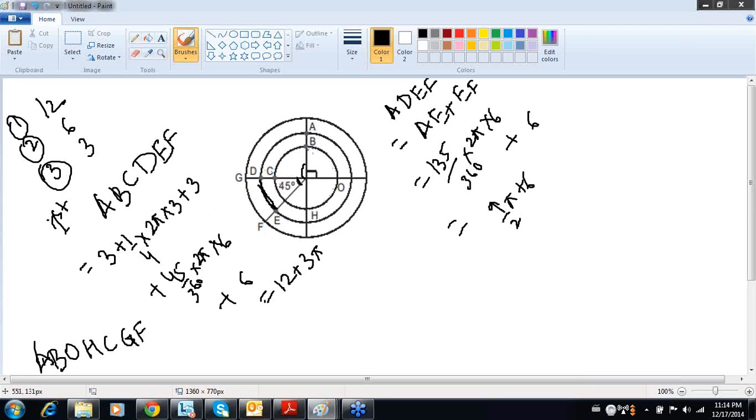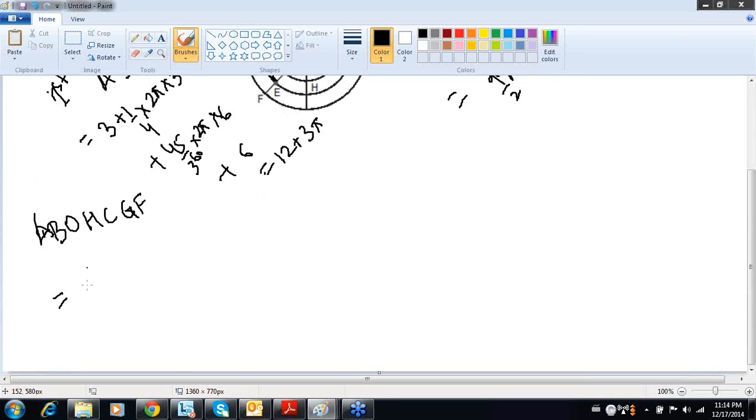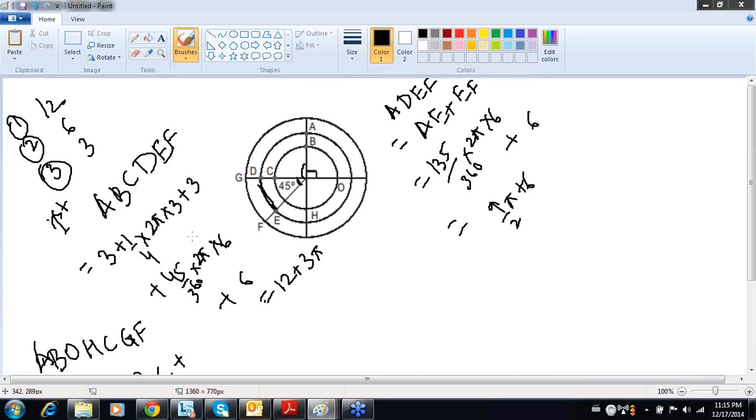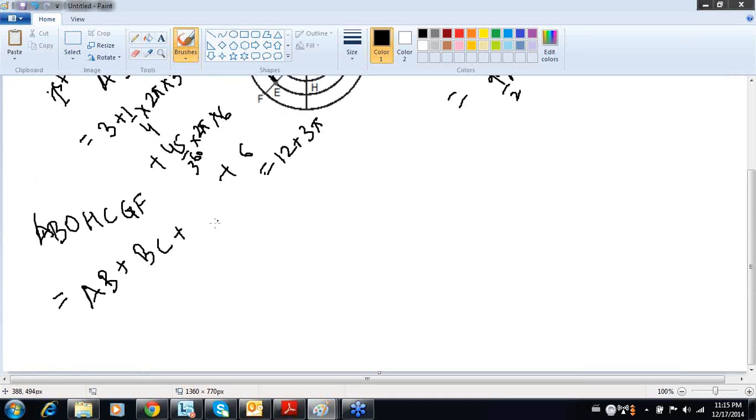So AB plus BC, it will be nothing but AB plus BC, AB plus, it is saying BO, so AB plus BHC, so AB plus BC plus CG plus GF.